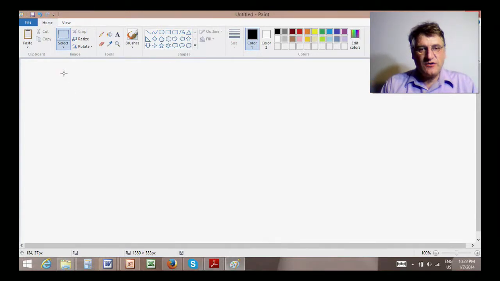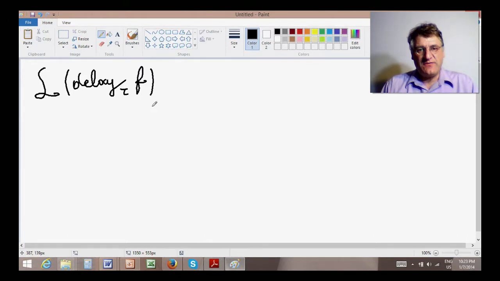I am interested in computing the Laplace transform of the delay, which I will call delay tau, to remind us that there is a delay tau, applied to the function f.